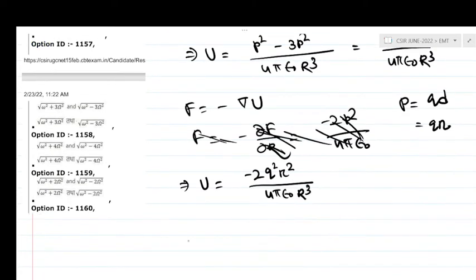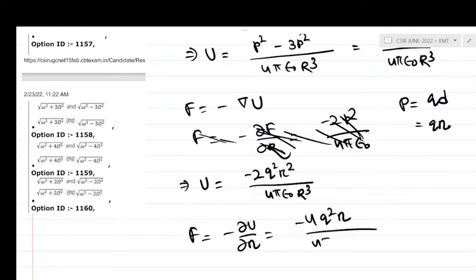If you do the derivative with respect to r, then that will be minus 4 q square r divided by 4 pi epsilon naught R cube, and 4 gets cancelled: minus q square r divided by pi epsilon naught R cube.